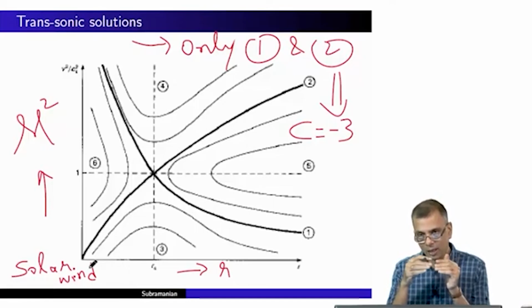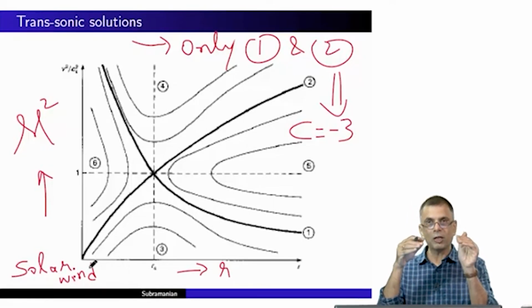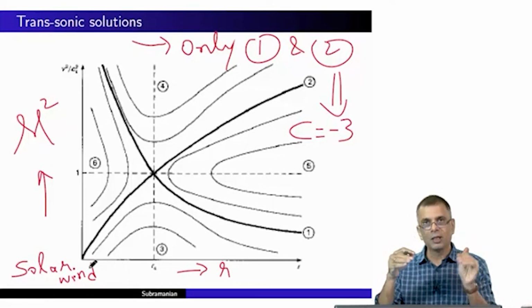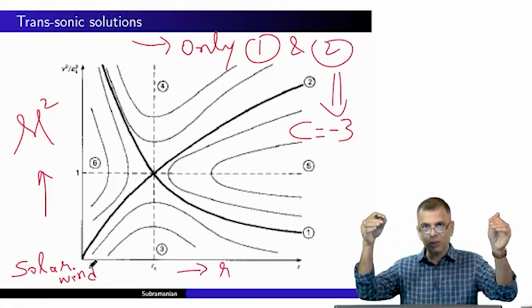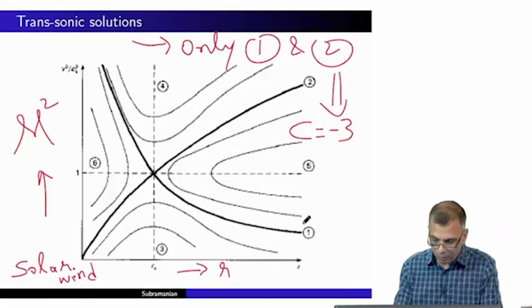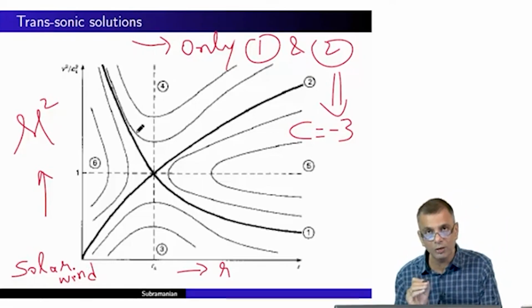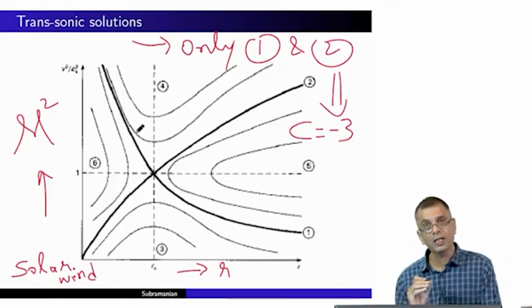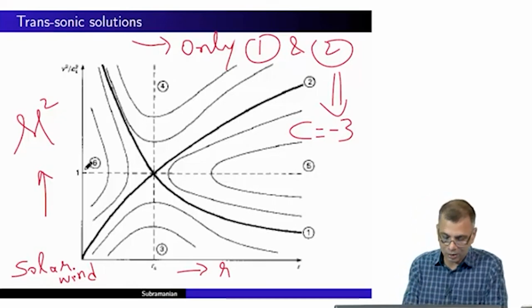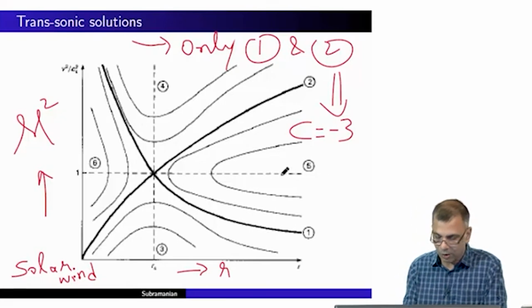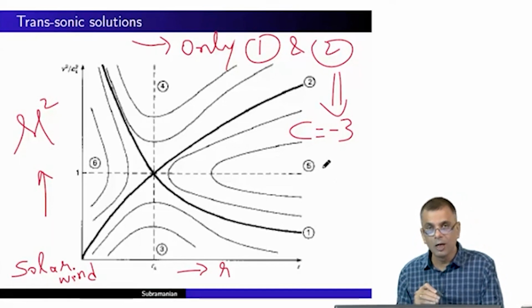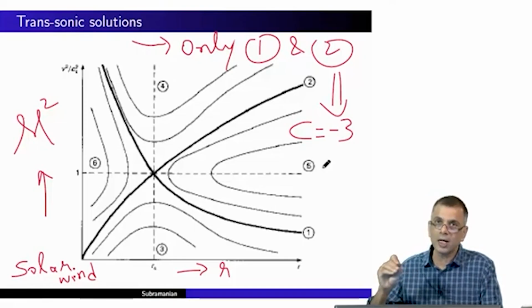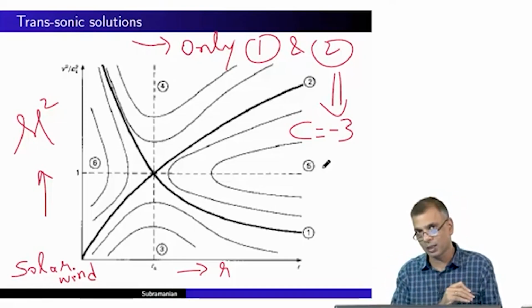And then it goes out, eventually passes through a sonic point where the velocity becomes equal to the speed of sound, and then becomes supersonic. So from among 1 and 2, we should choose a solution which is subsonic at small r, passes through a sonic point, Mach number equal to 1, and at large r becomes supersonic, right?